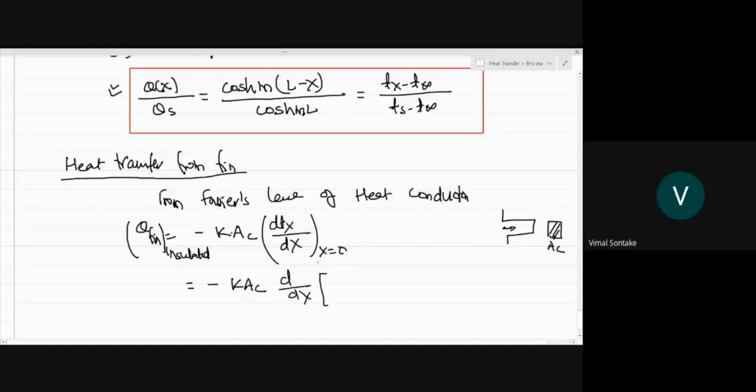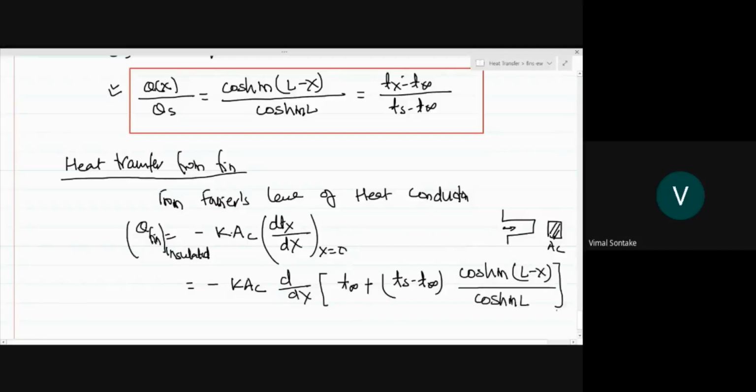What is the expression for Tx I can get from here? If you rearrange this, what will I get? See, I am writing the value of Tx directly from here. It will be T infinity plus Ts minus T infinity into cos hyperbolic m L minus x over cos hyperbolic ml.